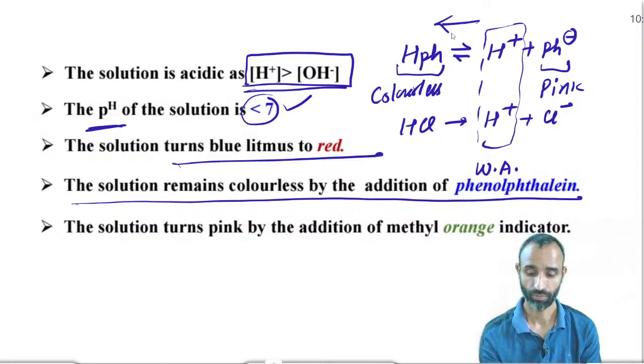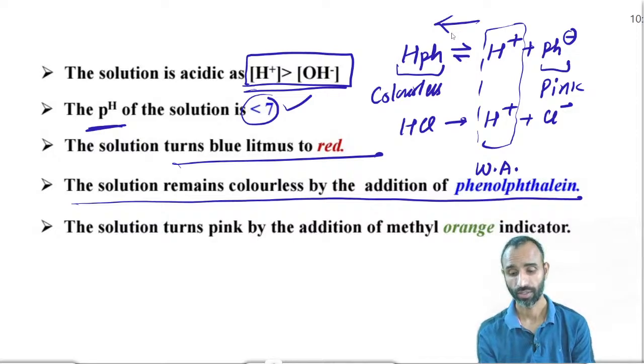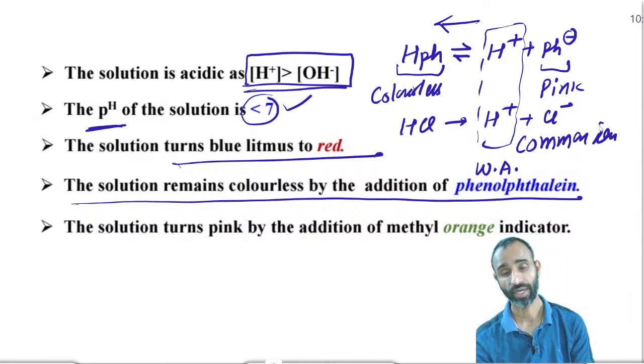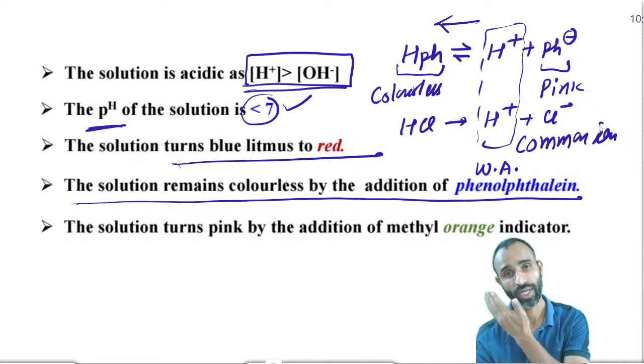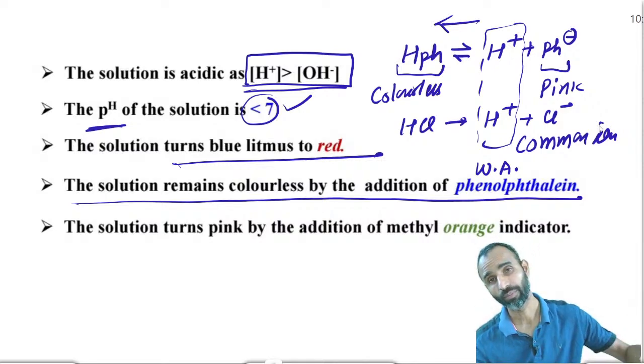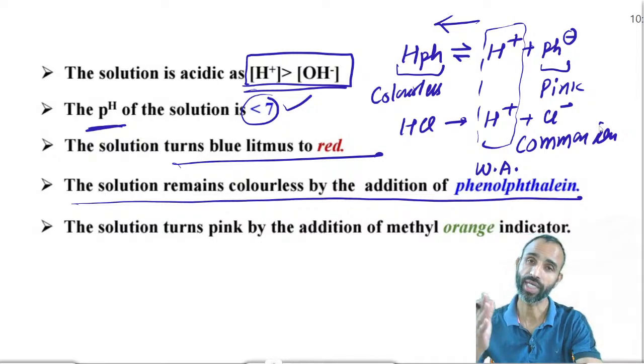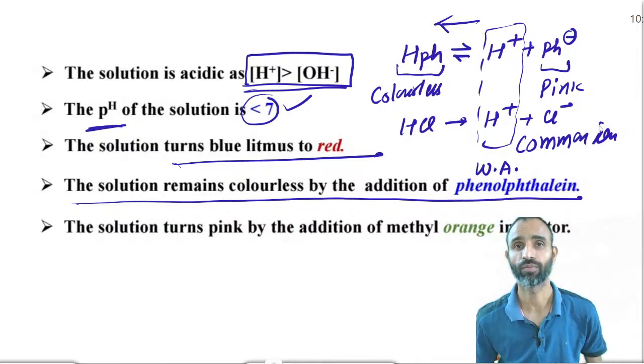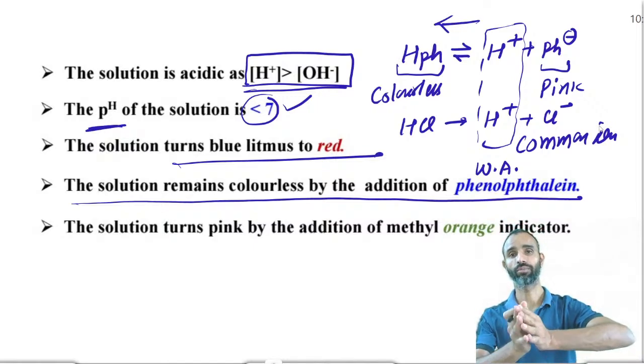But if we add base like NaOH, then H+ ions are neutralized by OH-, equilibrium shifts forward. So then ionized form is in excess. Ionized form is dominating, and therefore the solution becomes pink in color.